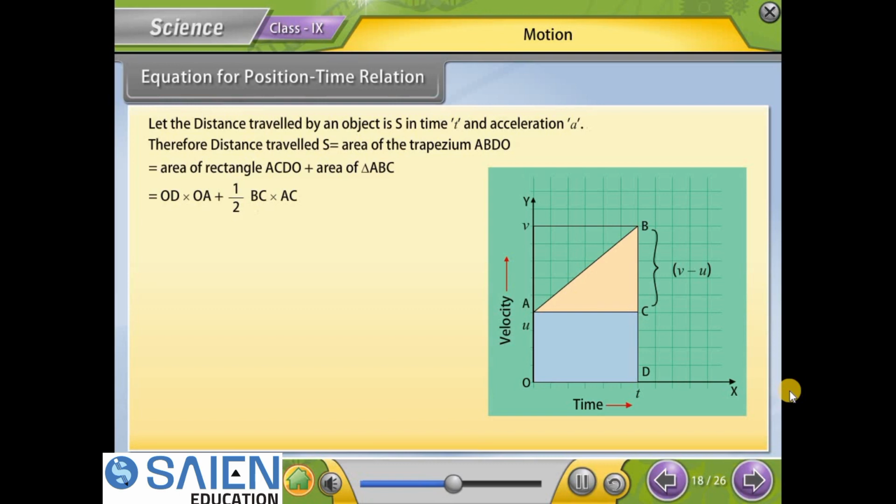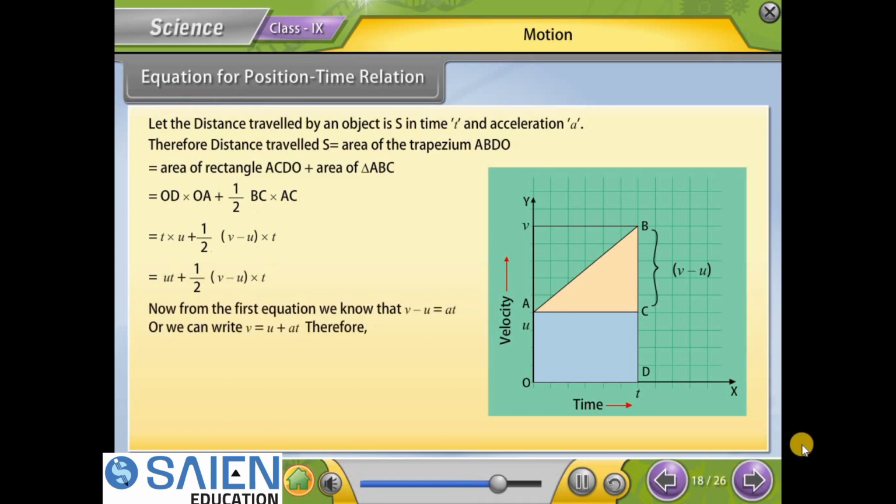Now putting in the values, we get T into U plus 1 upon 2 into (V minus U) into T. On solving further, we get UT plus 1 upon 2 into (V minus U) into T.